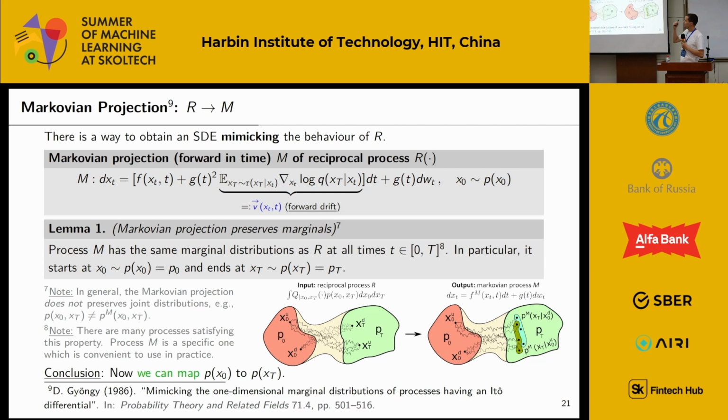Previously we had a flow matching procedure which allowed us to turn this interpolation between two probability distributions into some ordinary differential equation. Now we talk about the same stuff but for stochastic differential equation.